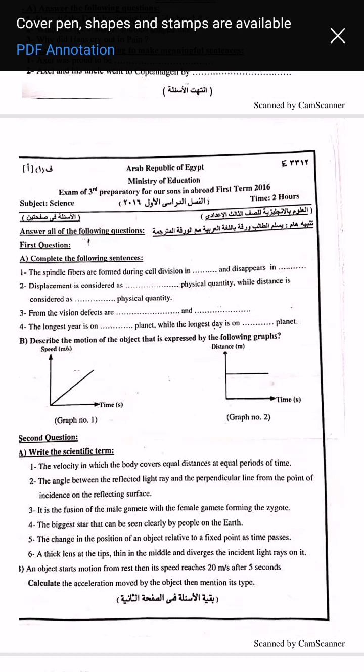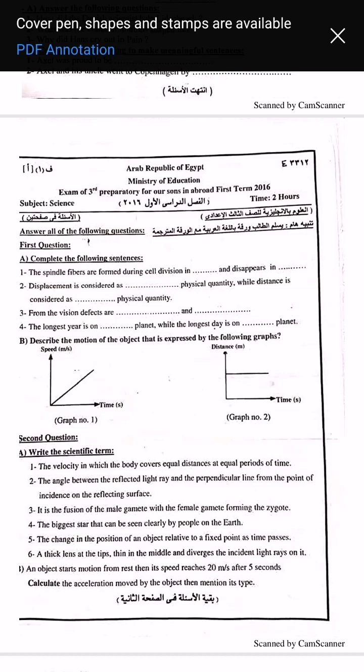Number 2, displacement is considered as space physical quantity, while distance is considered as space physical quantity. The answer, displacement is considered as vector physical quantity, while distance is considered as scalar physical quantity.